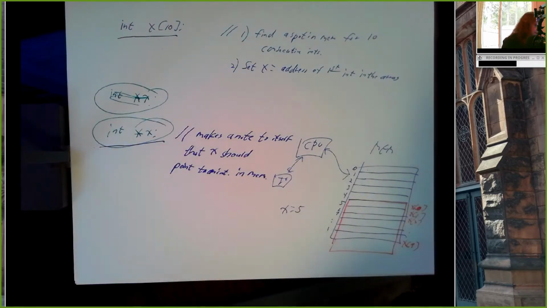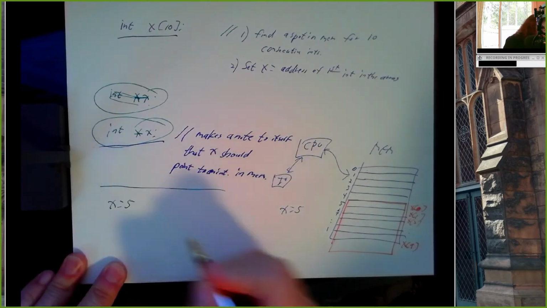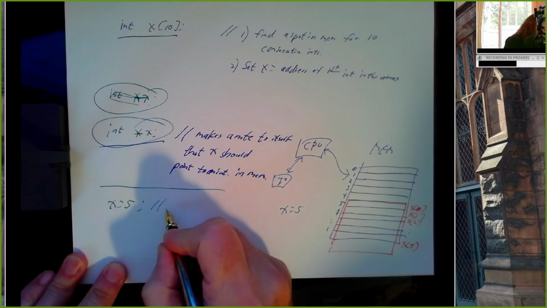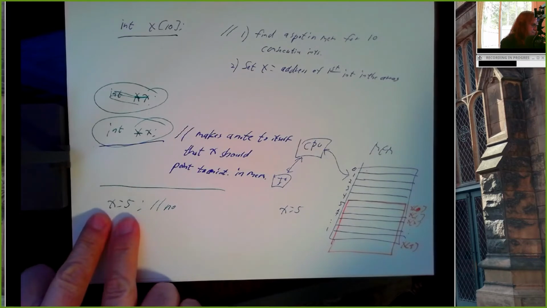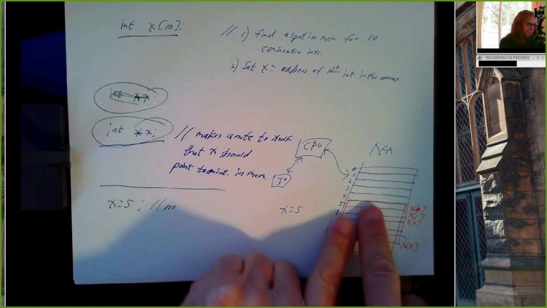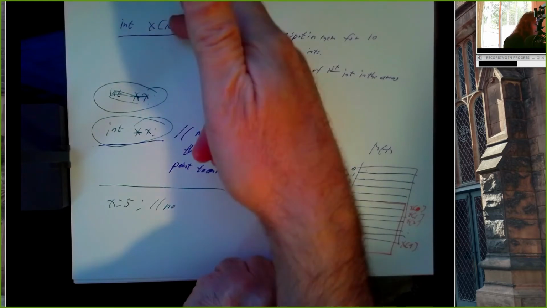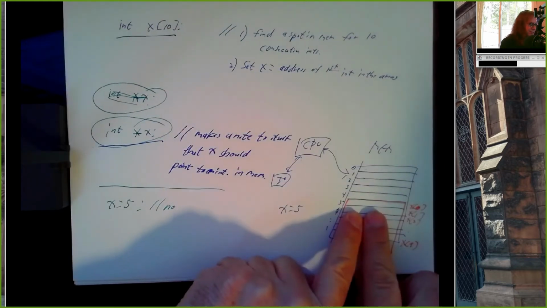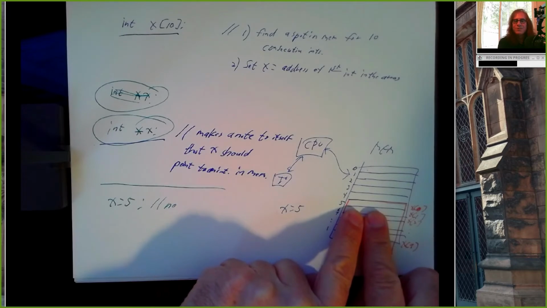So if I went after this and I said something like x equals 5, and don't do this, we don't usually set pointers to numbers, but if I were to do this, say x equals 5, then what would x be representing? It would be a pointer to this location in memory, which, if the compiler had set up an array of 10 integers starting at location 5, well, x now refers to this first element of the array.